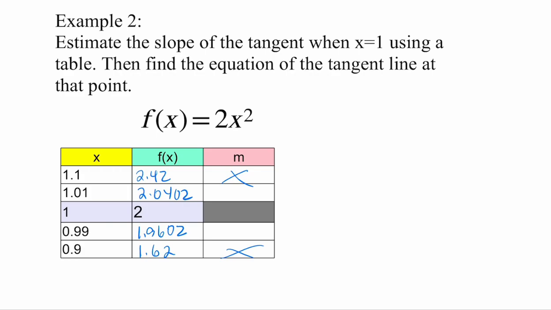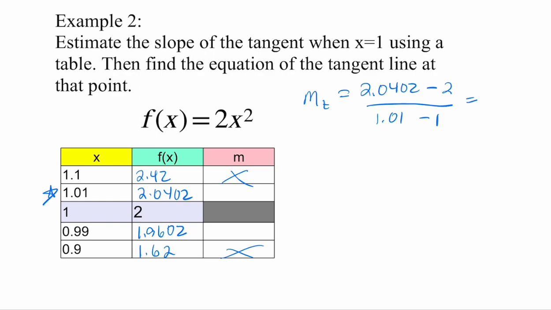Okay, so the slope of our tangent, let's do it with this one. So we already have our point, and we have the original point, 1, 2. And so it's just f of x minus f of a over x minus a.